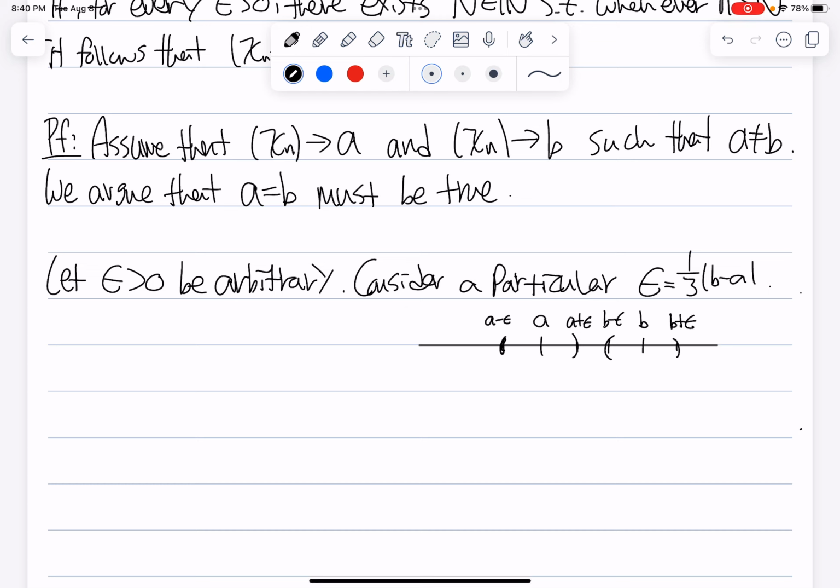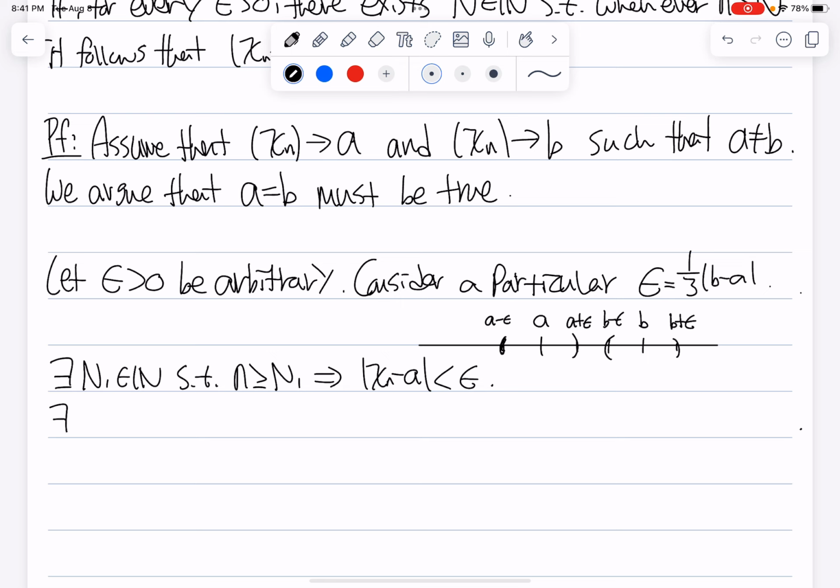All right. So since the sequence xn converges to a, I'll just use notation. There exists n1 such that n greater than or equal to n1 implies that the absolute value of xn minus a is less than epsilon, right? And there also exists n2 such that n greater than or equal to n2 implies that the distance between the terms after n2 and b is less than epsilon.